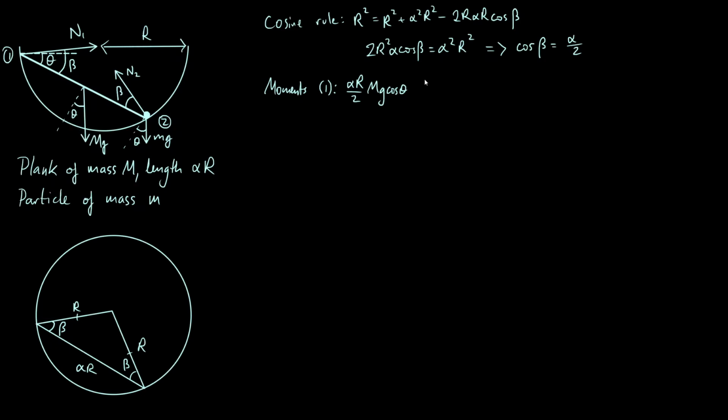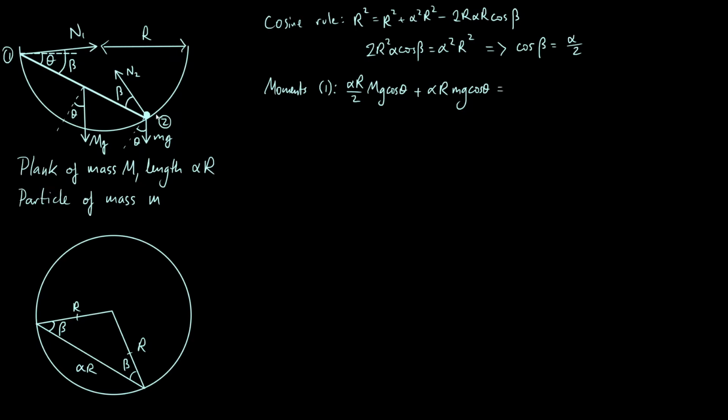And in that same clockwise direction, we also have this small mg force, but that's acting at a distance of alpha r rather than alpha r over 2. So we can add on alpha r times small mg times cos theta, because we want the perpendicular component.